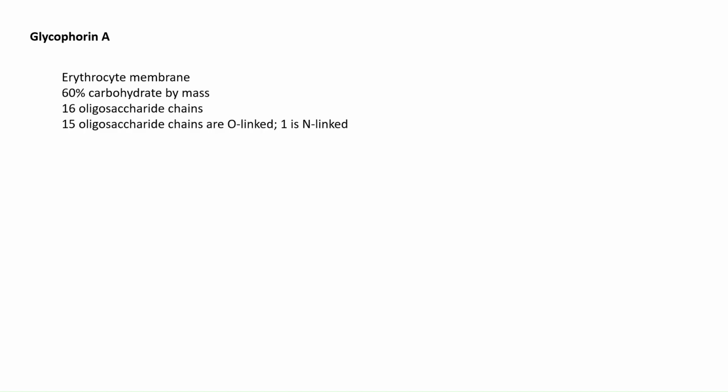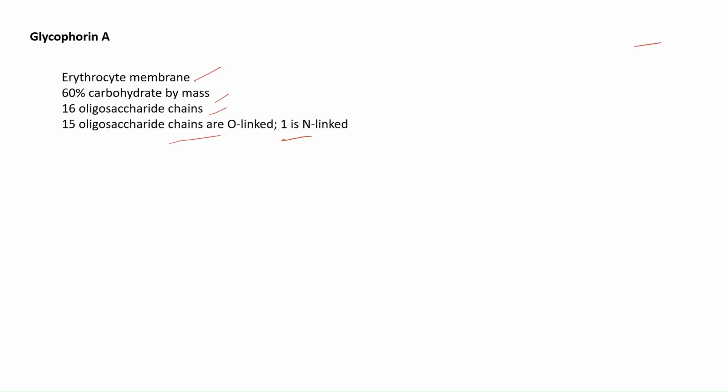These glycoproteins are found on the external surface of the plasma membrane. The well-characterized glycoprotein is glycophorin A. What is glycophorin A? It is a glycoprotein which is found in the erythrocyte membrane. The carbohydrate constitutes 60% of glycophorin by mass. Total 16 oligosaccharide chains are attached with the protein, among which 15 are O-linked and one is N-linked.